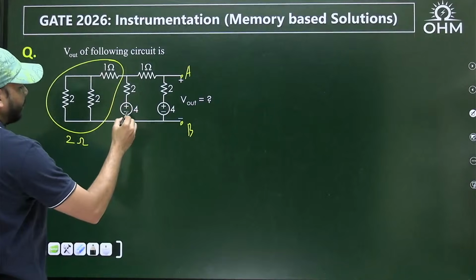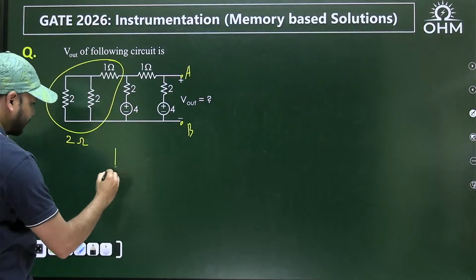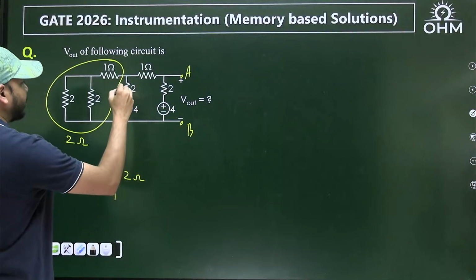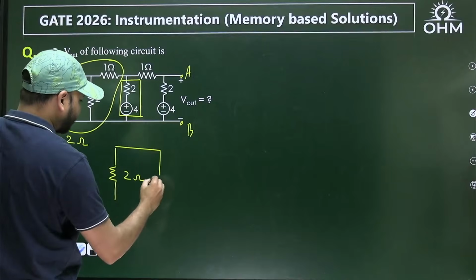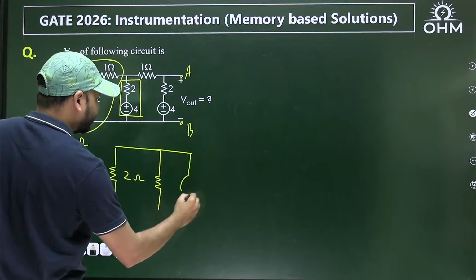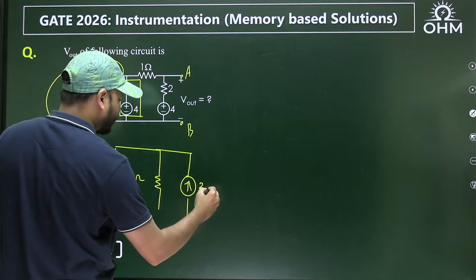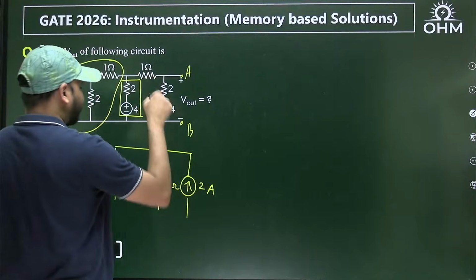Okay. And then 4 volts in series with 2 ohms, so first this 2 ohm resistor I'll draw. Okay, 2 ohms. When you do source transformation for this branch, it becomes what? Resistance in parallel with the current source. 4 by 2 is 2, so 2 amps, and this again is 2 ohms. And then you have the remaining network.